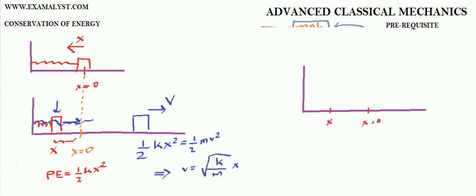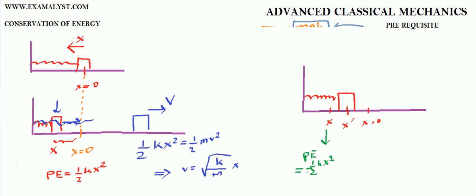Now imagine that the mass is somewhere around here at x. If somebody asks you what is the energy of the object, at this position the mass has only potential energy because it was not moving at all. So at this position the energy was half k x square. Agreed? There was no kinetic energy as there was no motion.